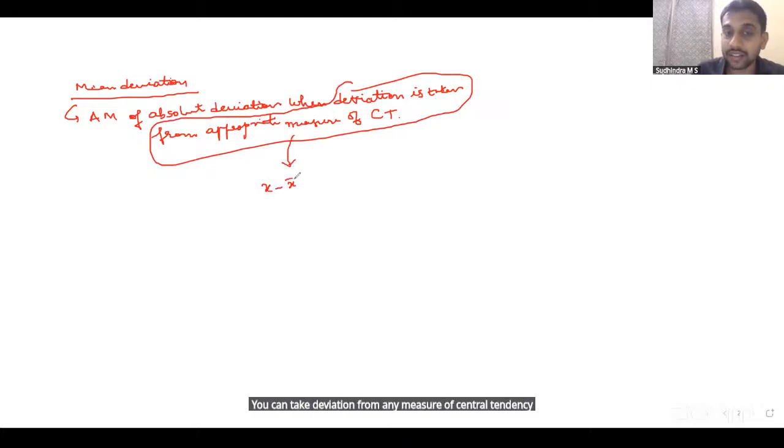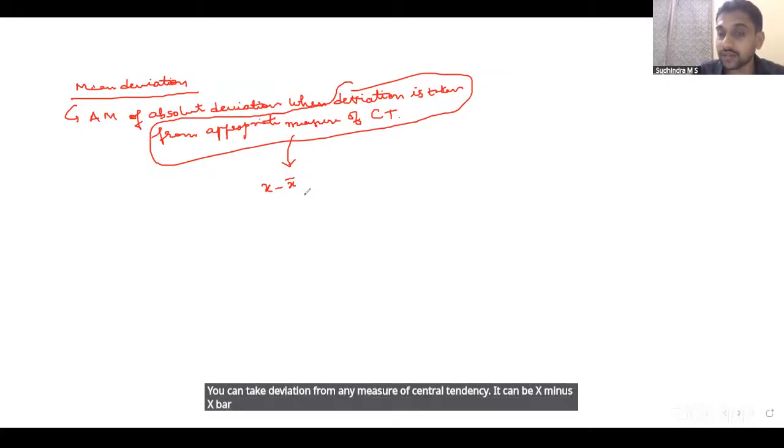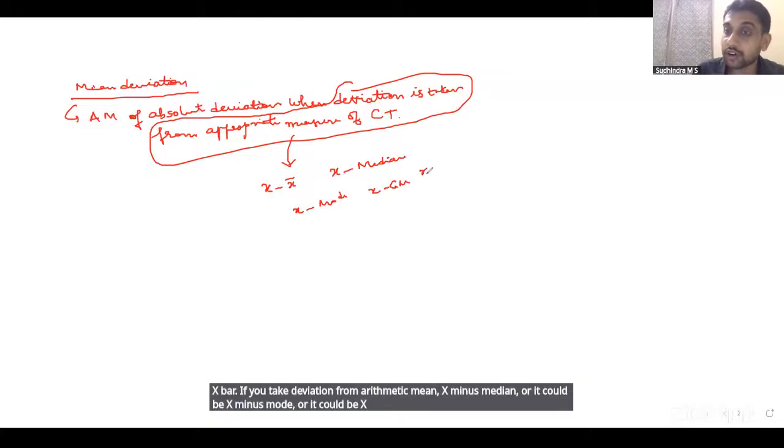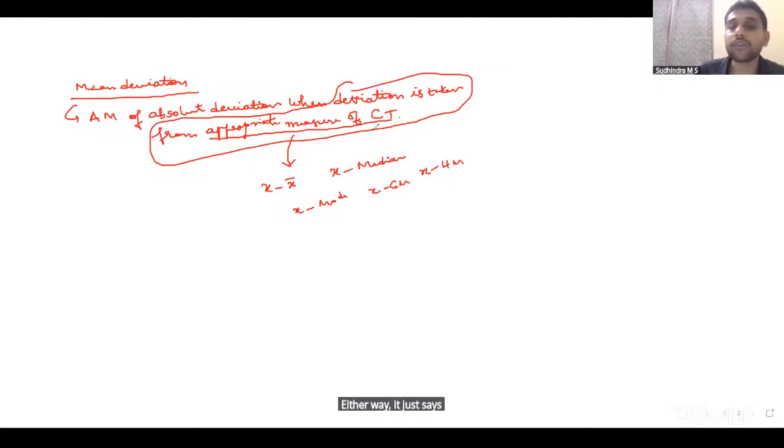It can be x minus x bar, if you take deviation from arithmetic mean, x minus median, or it could be x minus mode, or it could be x minus geometric mean, or it could be x minus harmonic mean also. Either way, it just says appropriate measure of central tendency.